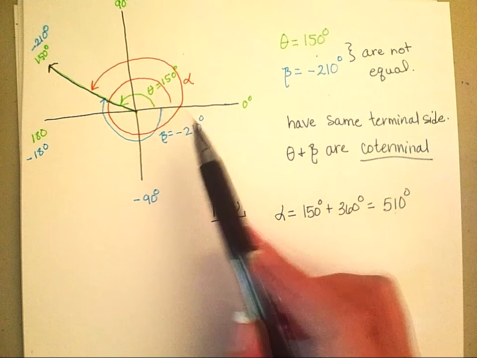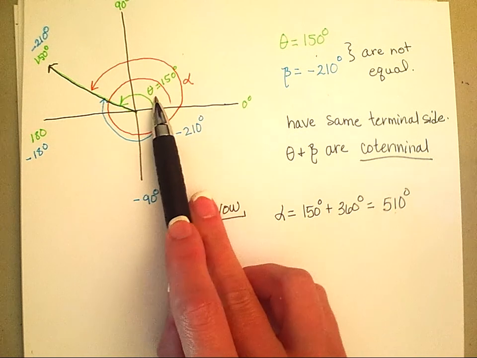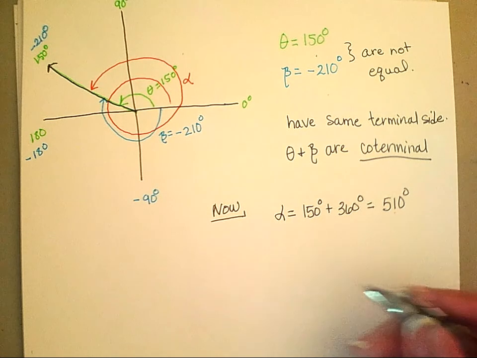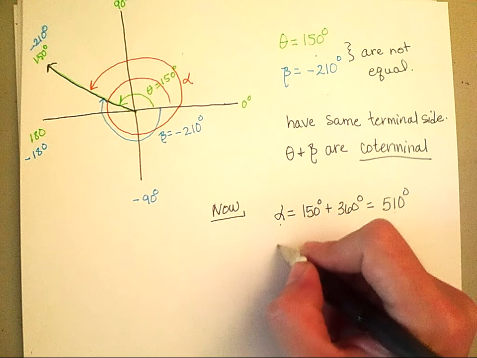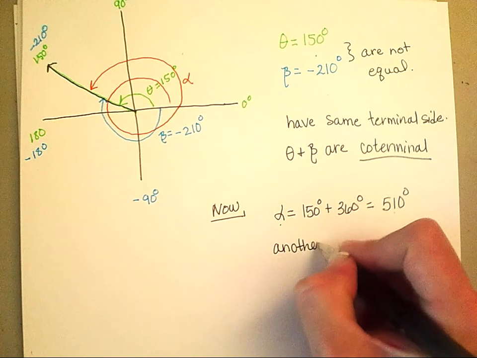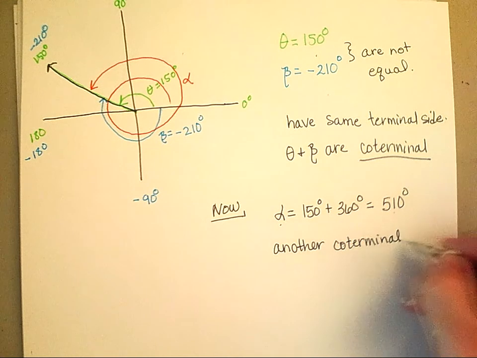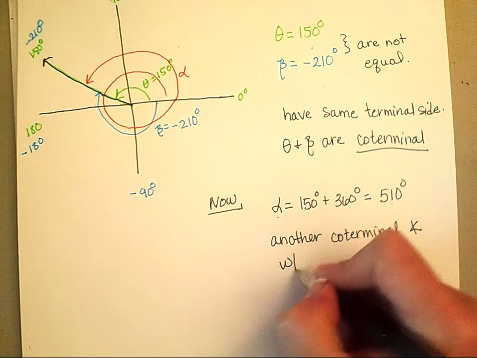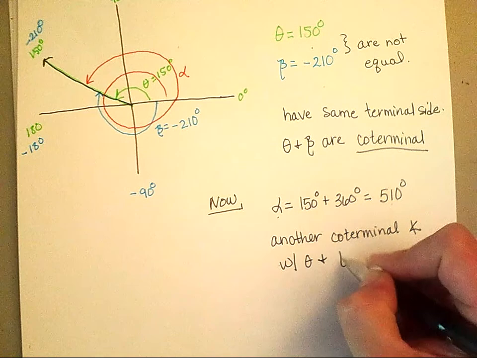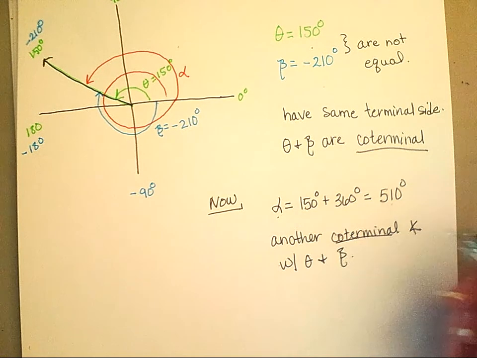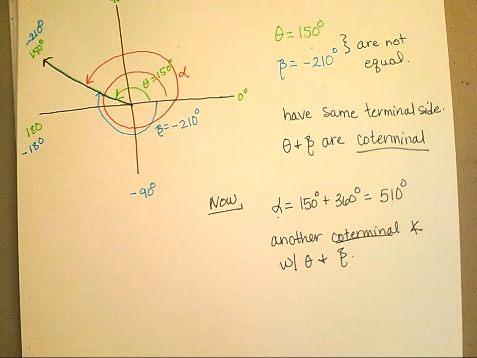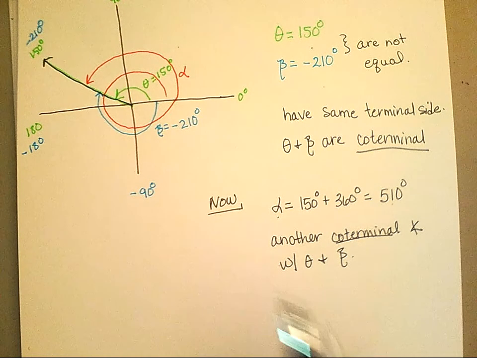Again, alpha, beta, and theta are not equal. Okay. Alpha is another coterminal angle. And it is coterminal with theta and beta. Okay. And it turns out there's an infinite amount of these. Okay.